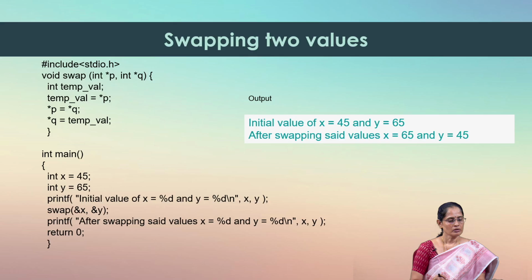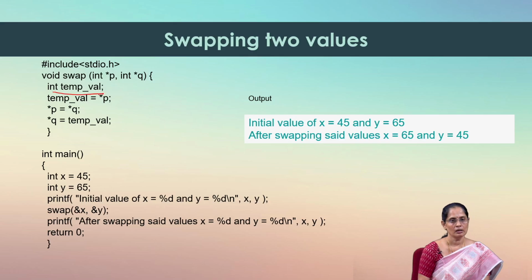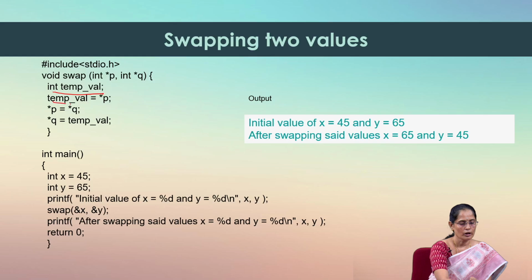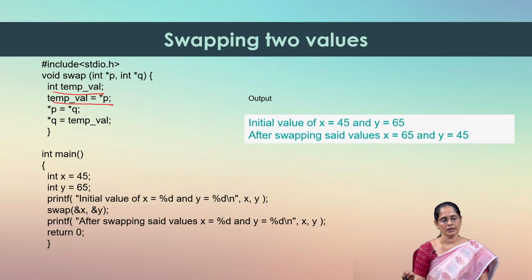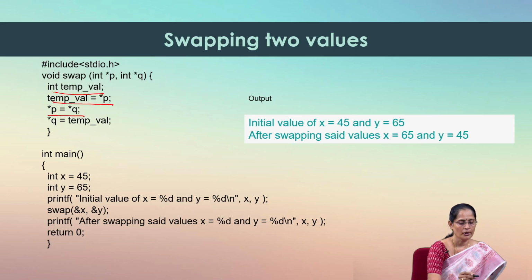So, let us work out one more example of swapping two values, right. Here we introduce a temporary variable, and the location of one pointer is stored in the temporary variable, and then we do the swapping of the pointers.